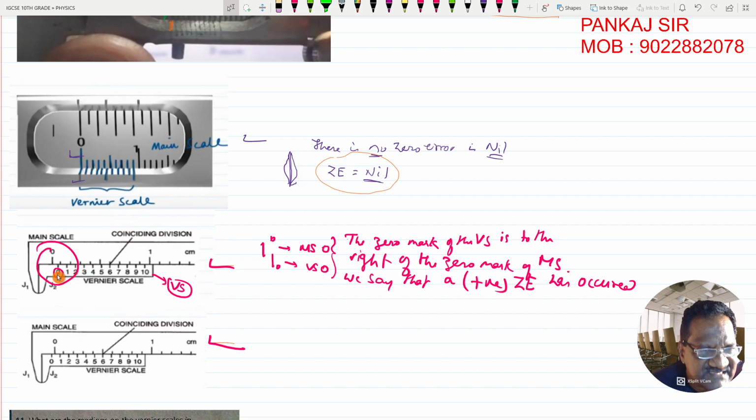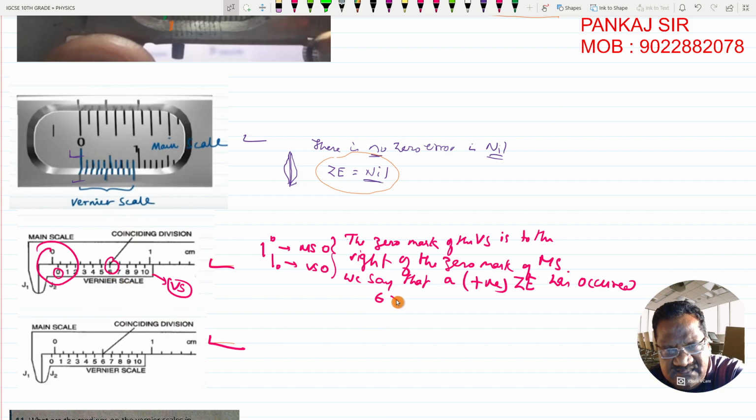This 0 is not aligning exactly with any main scale division, in fact it is in between the first two. Even the first division is not aligning with any main scale division. Even 2 is not aligning. Even 3, 4, 5 is not aligning. But I can see that this sixth division of the vernier is in a straight line with the main scale division. So this value is 6.